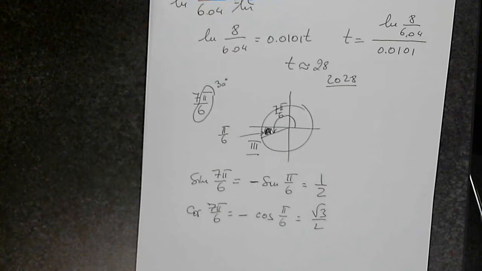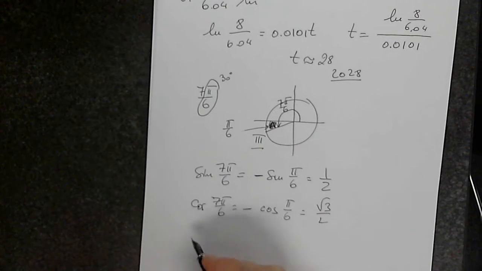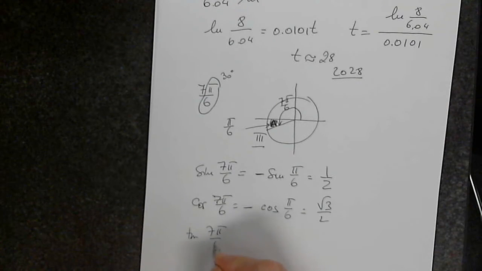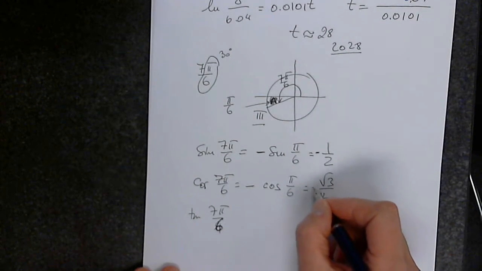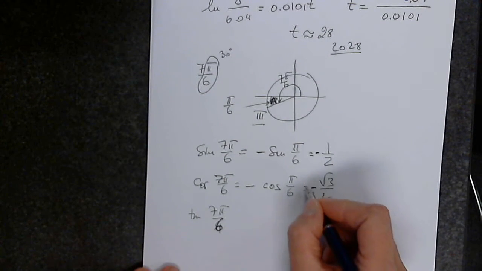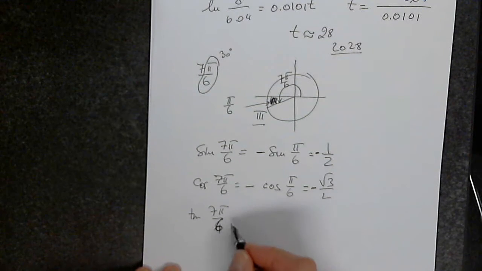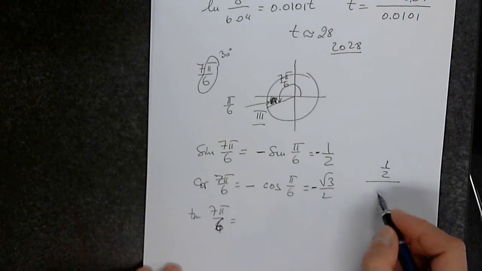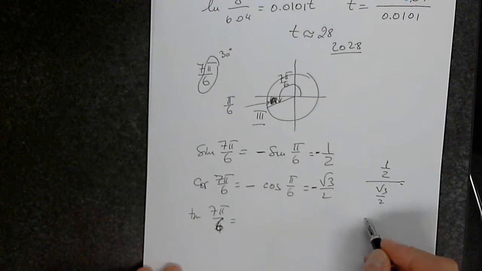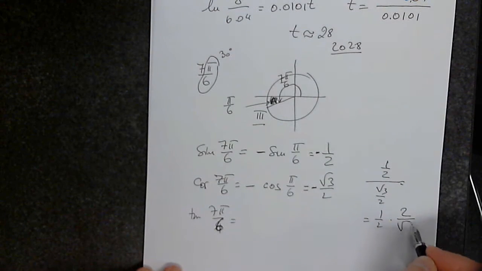Now the rest, forget about anything, right? All you have to remember is the tangent of 7 pi over 6, oops, is this over this. Oh, I'm sorry. Of course I have to write it negative, I forgot. So this over this will be a positive number. So when I divide 1/2 by the square root of 3 over 2, I get 1/2 times 2 over the square root of 3.